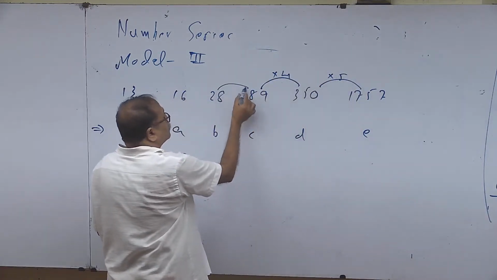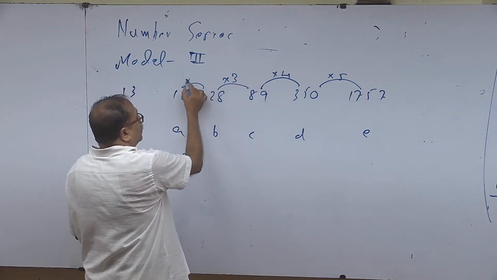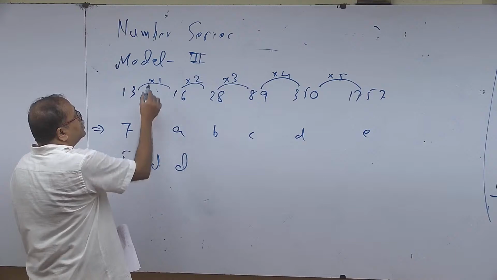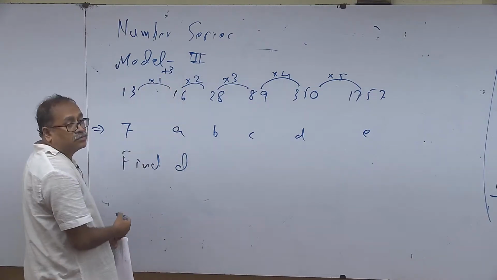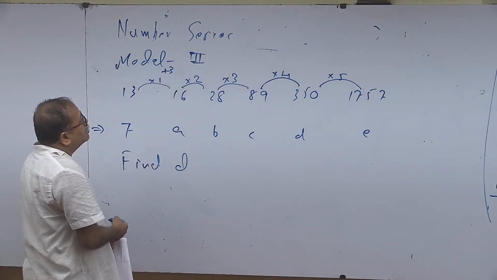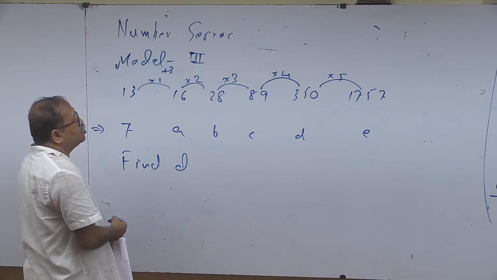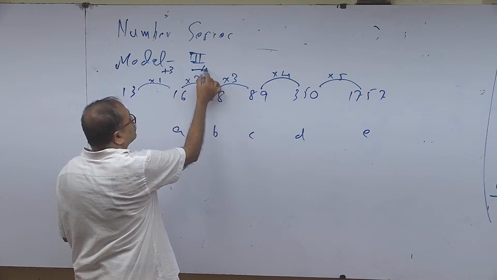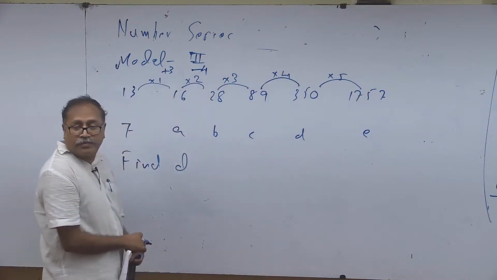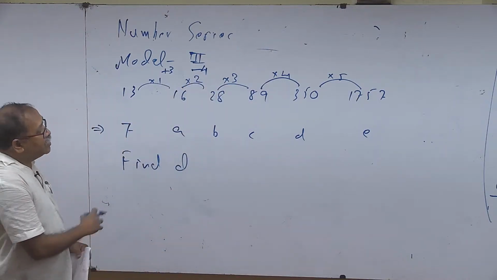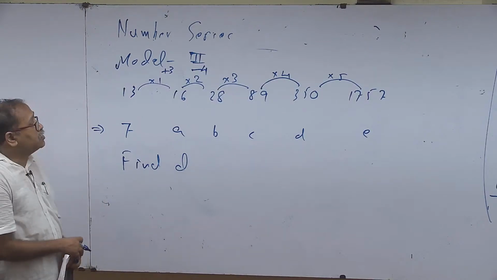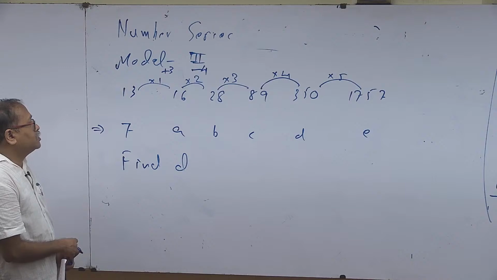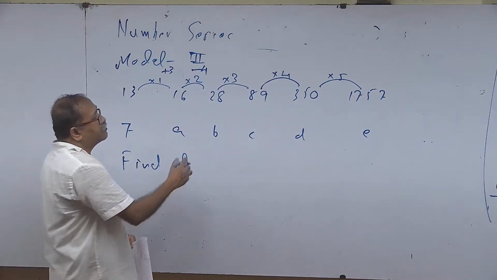So let's come over here: 13 into 1, 13 plus 3 is 16. 16 into 2 is 32, and 32 minus 4, plus 3 and minus 4, and then 28 into 3. That is 3 times 8 is 24, so that is plus 5.